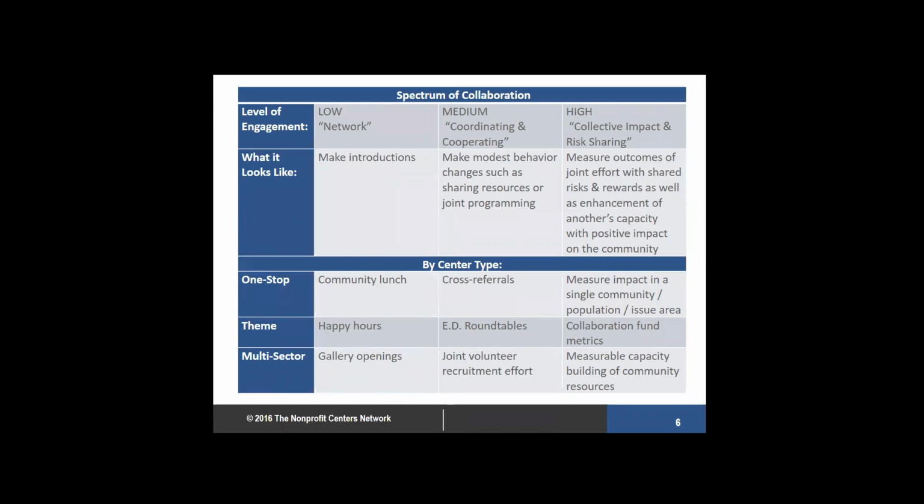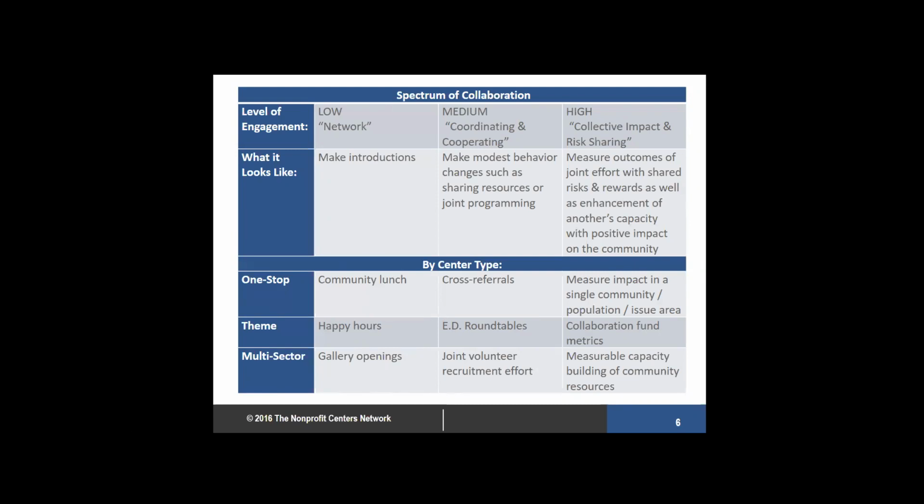And then finally, is on the high end. This is kind of the gold standard for most, and it's the area of collective impact, where you are sharing risk and reward and making tangible, measurable outcomes. So all of these different stages are related, and you can be working towards collaboration at any stage in this network.